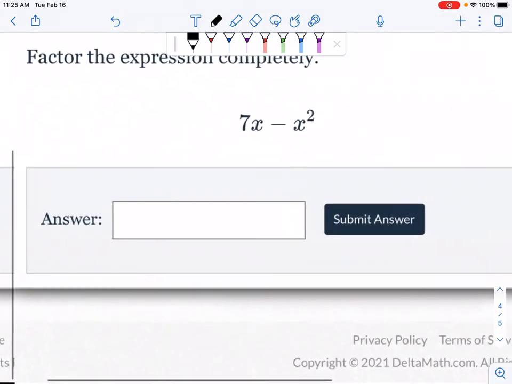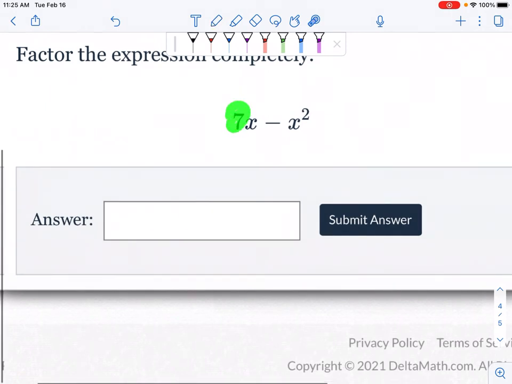Okay, same idea here. We don't have any common numbers, but we do have a variable in common. The most amount that I can take away from both is just this 1x. So on the outside, there's a 1x I can take out, and that's going to drop the power of x's here by 1.